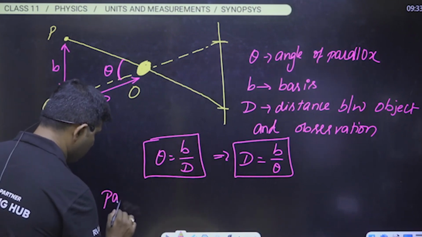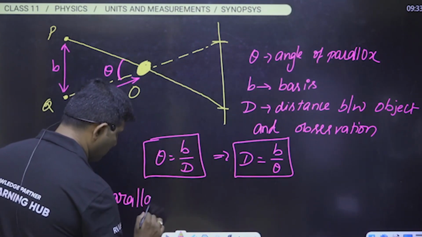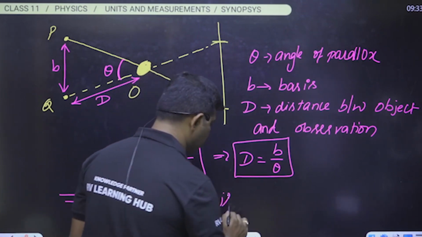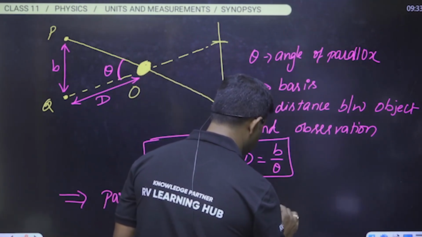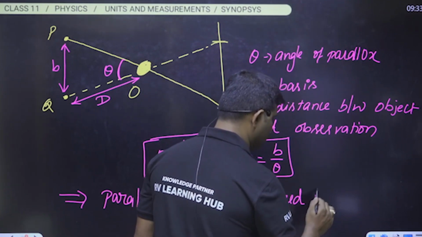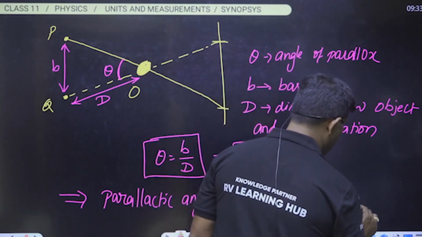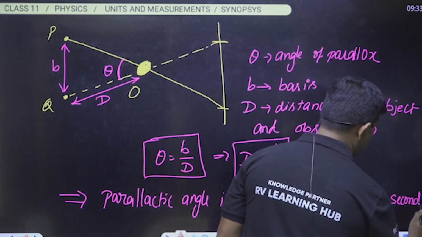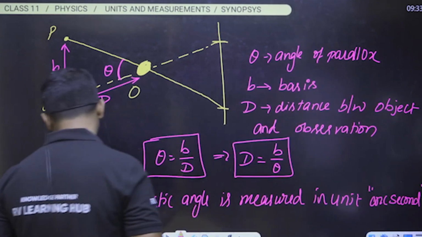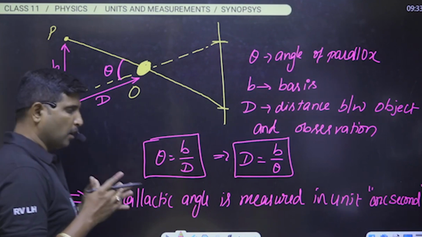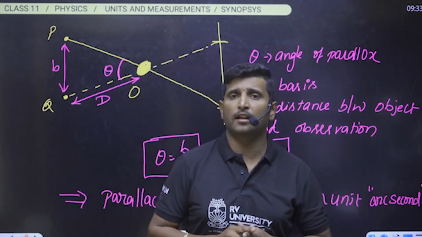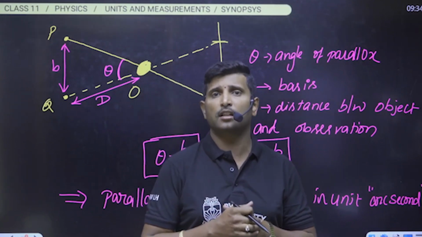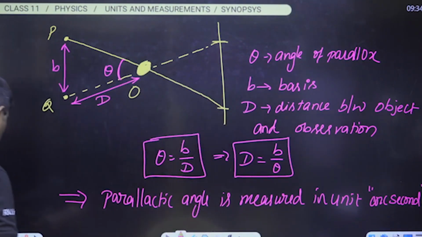Usually we can say that parallactic angle is measured in the unit arc second. What is the value of this arc second? Actually, angle is measured in radian, the SI unit, but parallactic angle is measured in arc second.